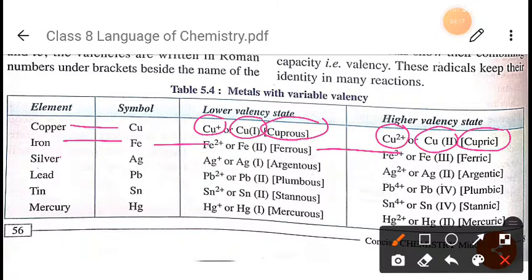Now the next example is silver, represented by Ag. It exhibits two valencies, Ag+ and Ag2+. When it is Ag+, it is called argentous, and when it is Ag2+, it is argentic, right?